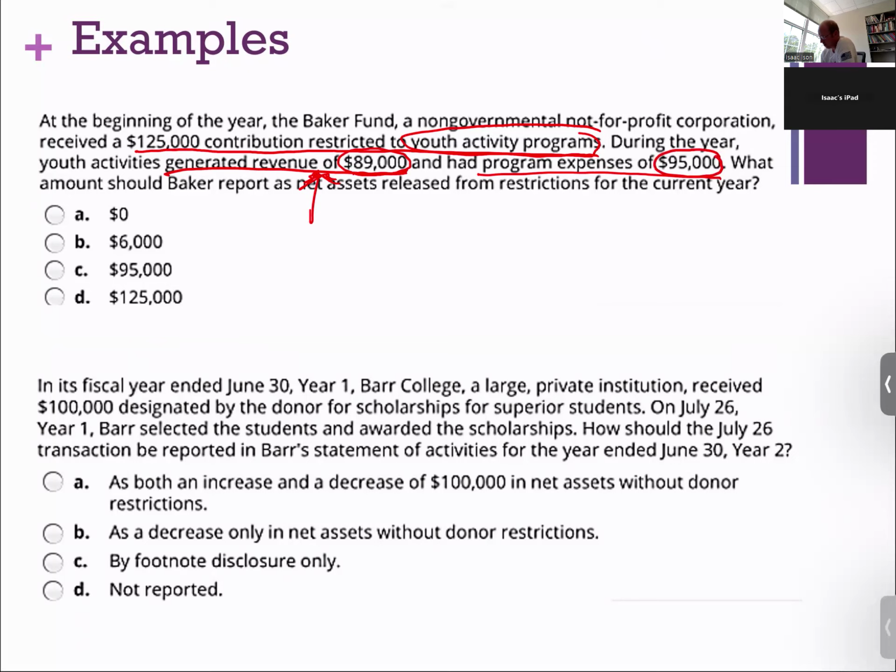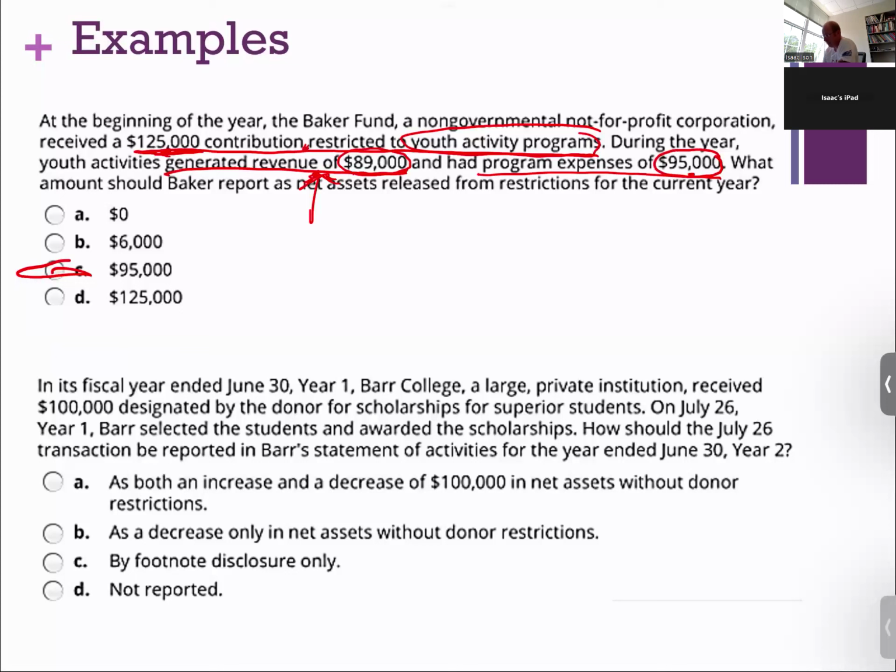Because this contribution, this $125,000, has a donor restriction to pay for program expenses. So we want to use this $125,000 up first. So basically $95,000 is being released from restrictions, and then it gets spent. So the correct answer is C.